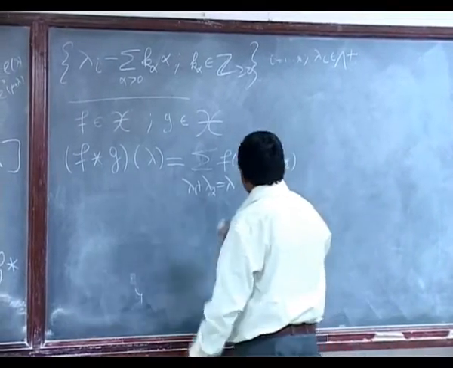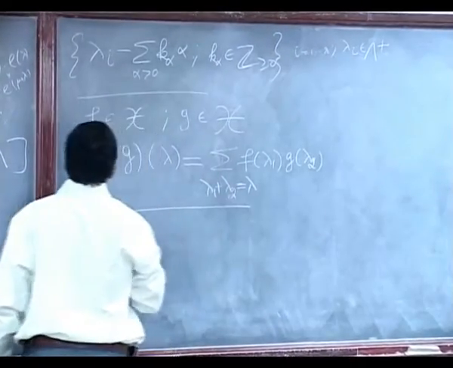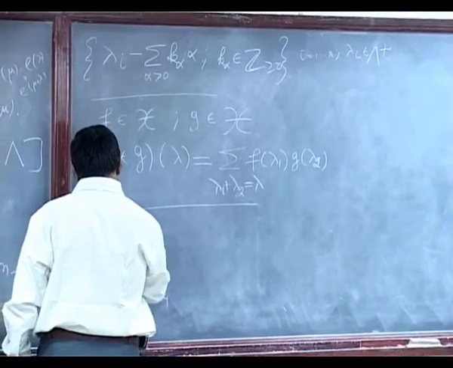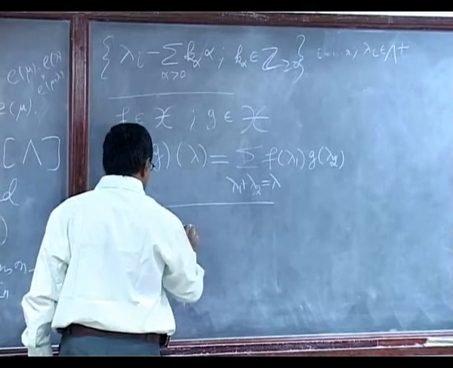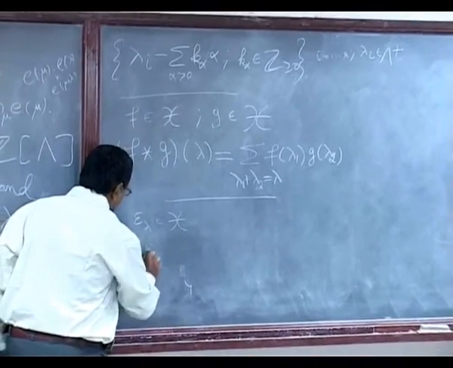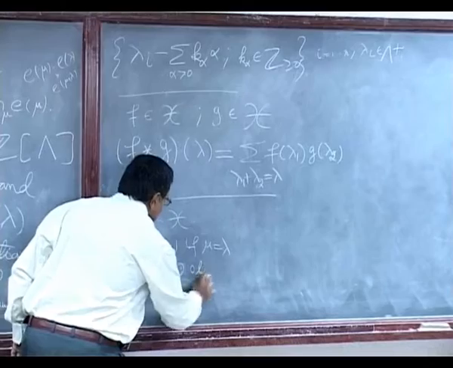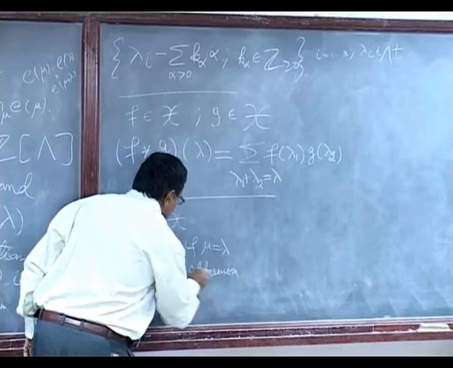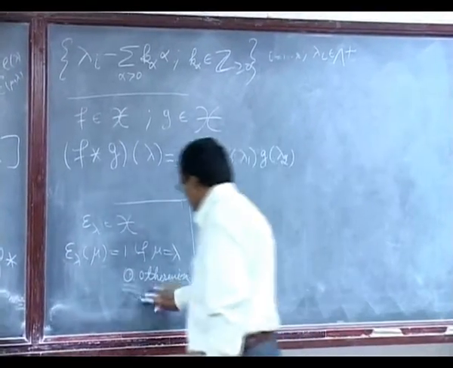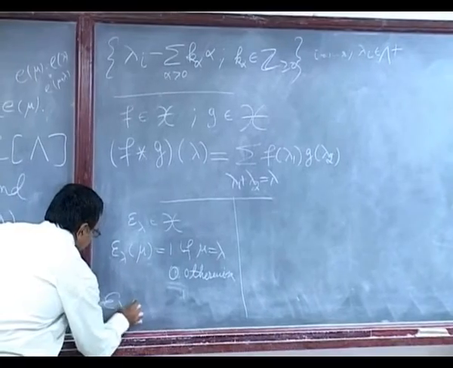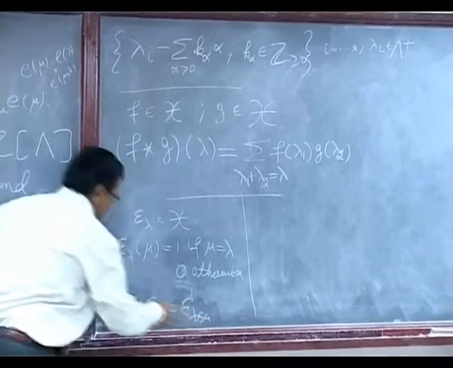Now I have special elements like this one. You take epsilon lambda as a notation belonging to this. The notation is epsilon lambda of mu is equal to 1 if mu equals lambda and 0 otherwise. We can see that epsilon lambda star epsilon mu is equal to epsilon lambda plus mu, because the sum should be 1.